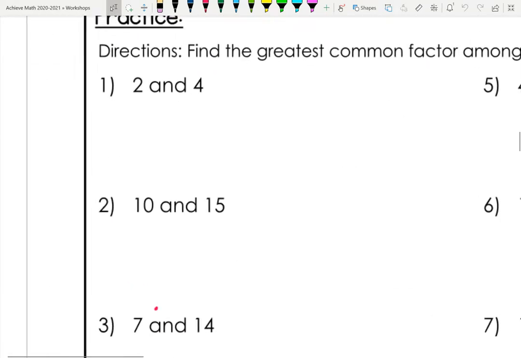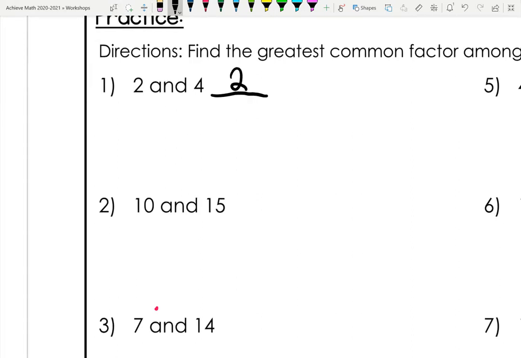So we need to find the greatest common factor between two numbers, and these numbers are 2 and 4. Whenever I'm told to find the GCF, I automatically create my t-chart because this is going to represent the two numbers that multiply to be equal to 2 and 4. 1 is a factor of all numbers because 1 times 2 is 2 and 1 times 4 is 4.